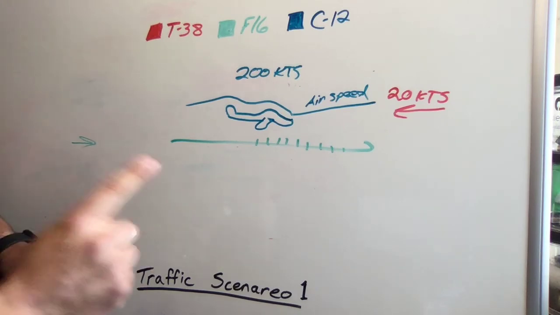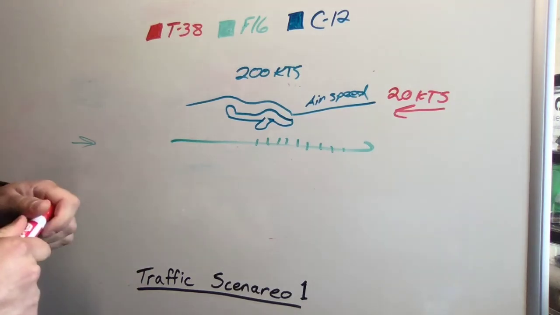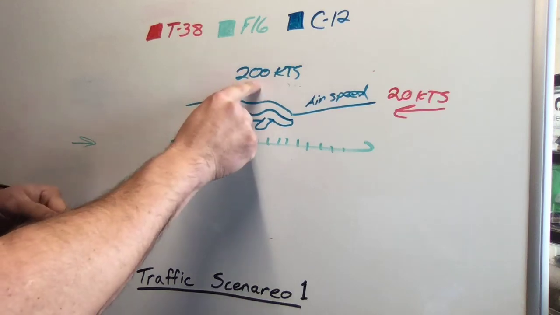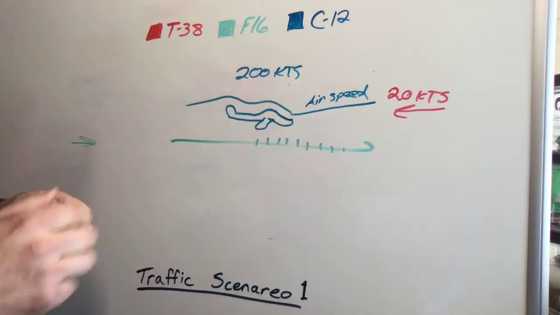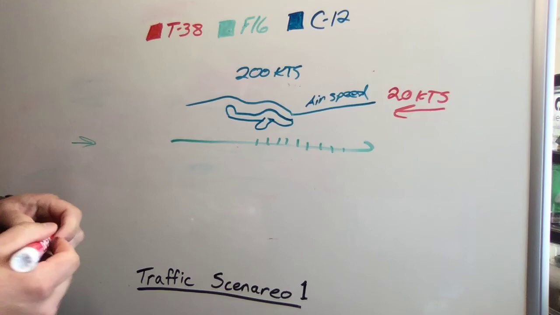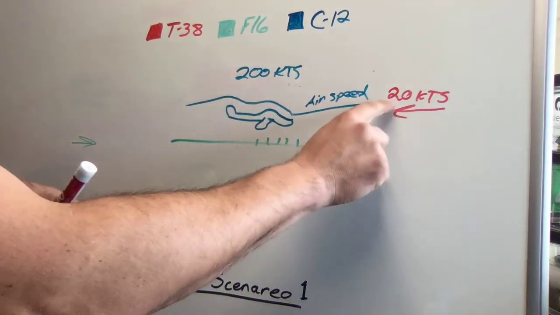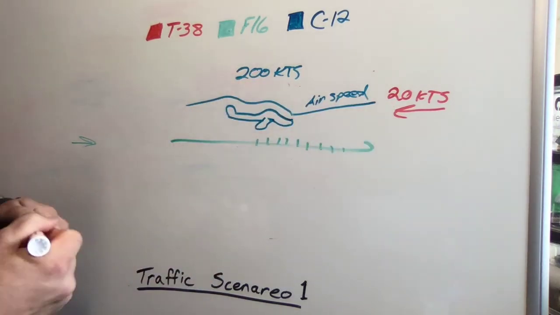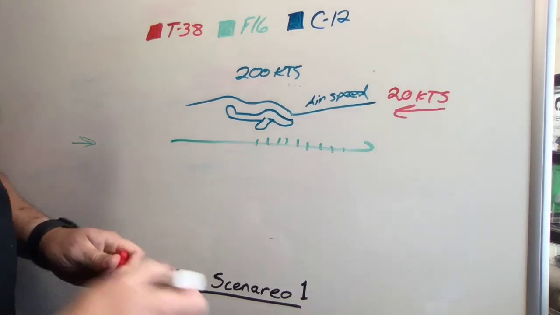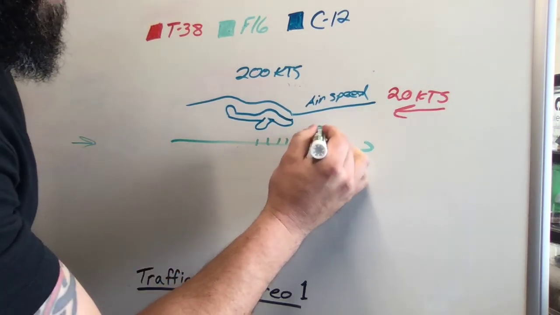The airspeed will still be 200 knots, but ground speed is going to be less. Ground speed is going to be the airspeed minus the headwind, so we're going to be left with a ground speed of 180 knots.